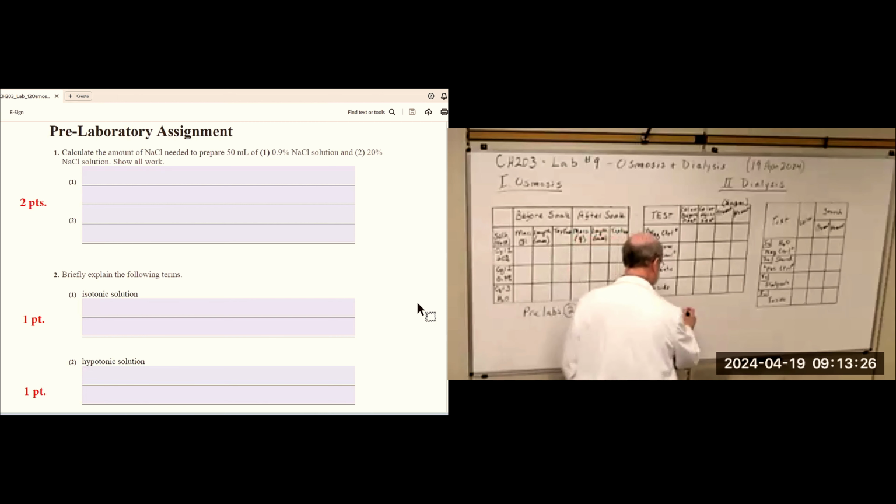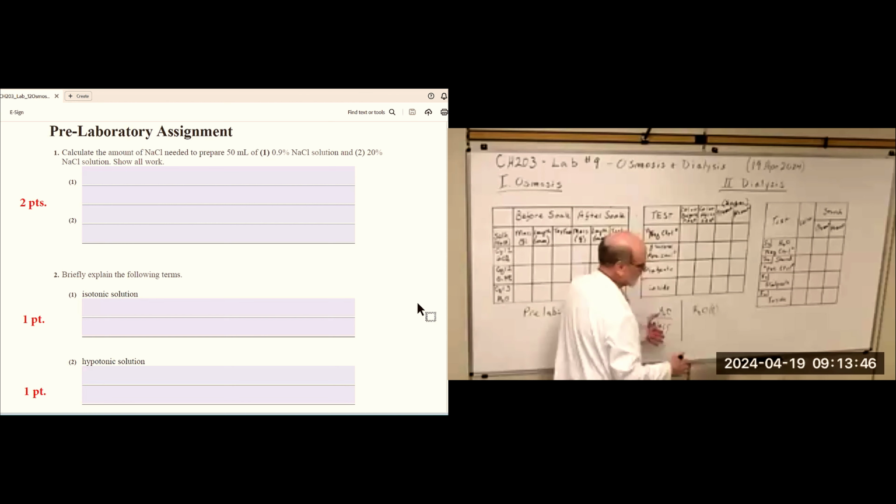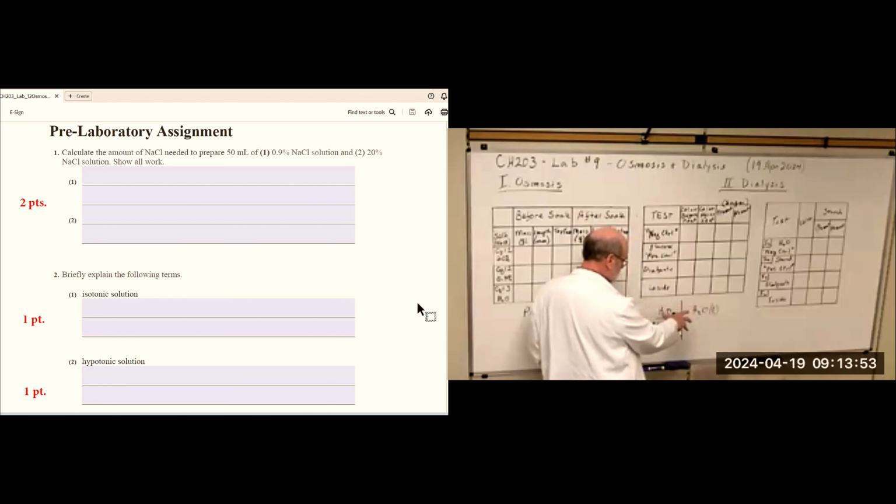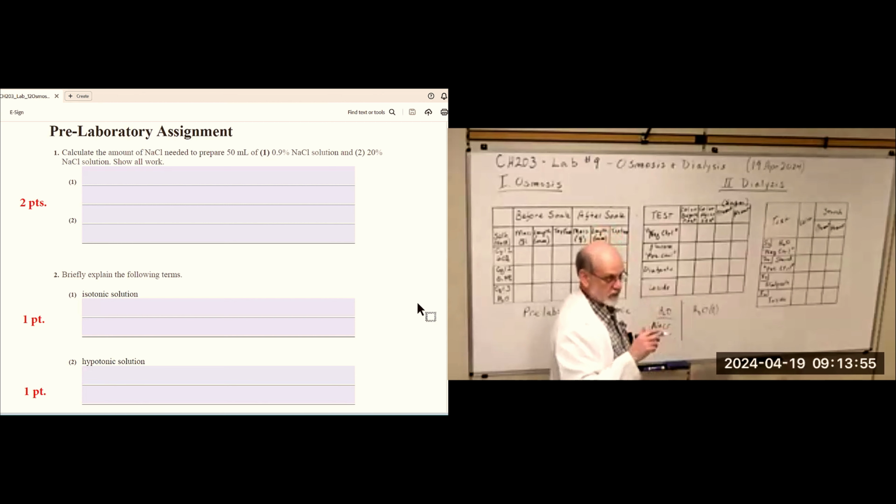What I mean by that is, if we have a membrane here, we got water on both sides, and this is pure water, but this is a solution with some dissolved solid, like let's just make something up, sodium chloride. It's got some sodium chloride on this side. In this situation, which way is the water going to move? Sodium chloride can't cross the membrane.